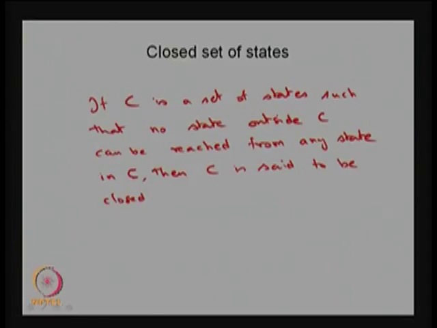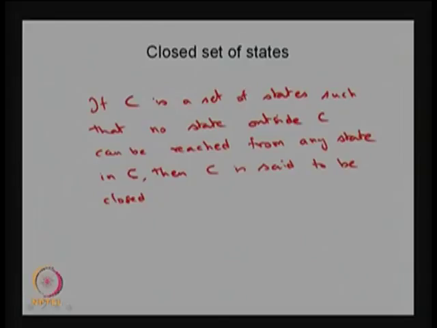So, whenever you create a collection of states and that set we call capital C, if it satisfies this property, then we say that set is called the closed set. We can combine the class property with the closed set property.